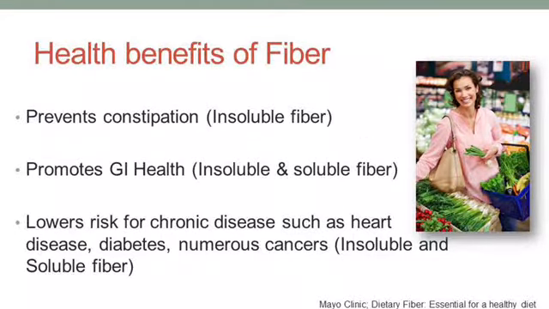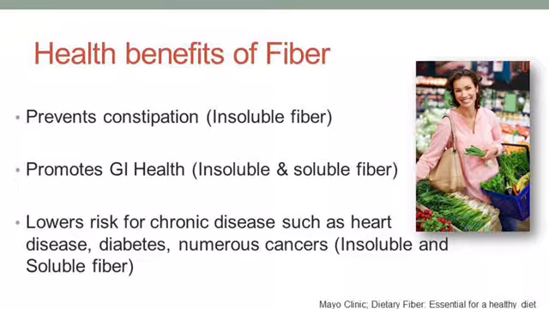Fiber also prevents constipation by promoting the softening of the stool and allowing things to transit the GI tract in an efficient manner. Because of this, insoluble and soluble fiber promotes basic general GI health and can help reduce the risk for inflammatory bowel conditions, things like IBS, diverticulitis, and Crohn's disease, to name a few.